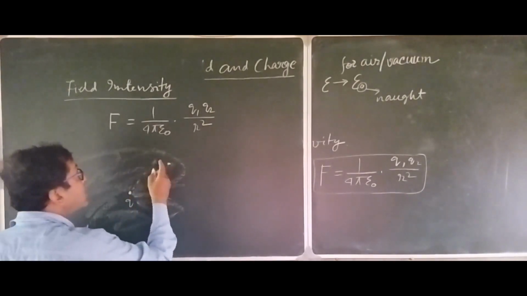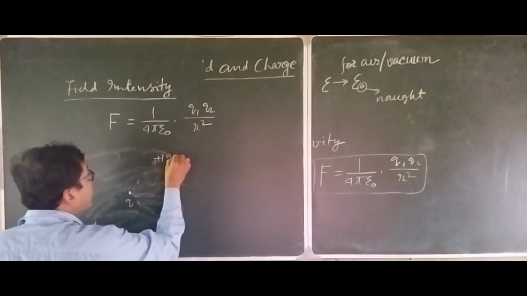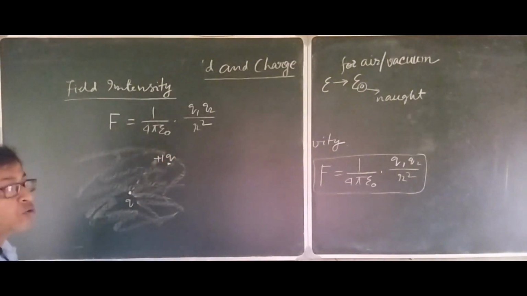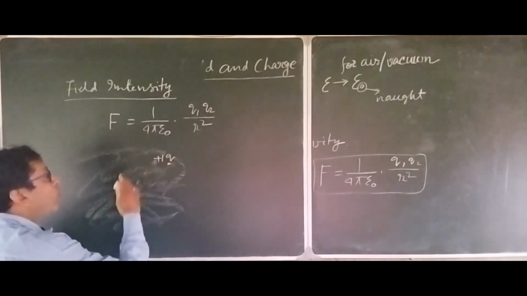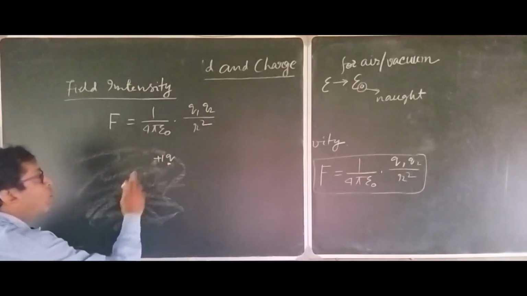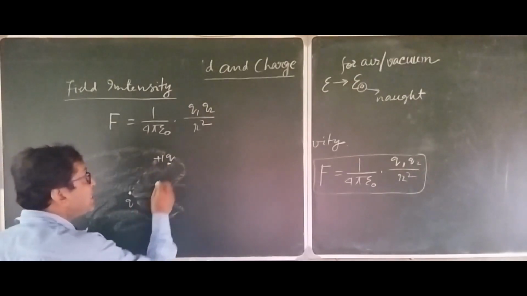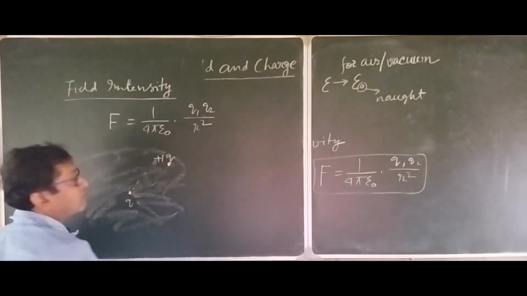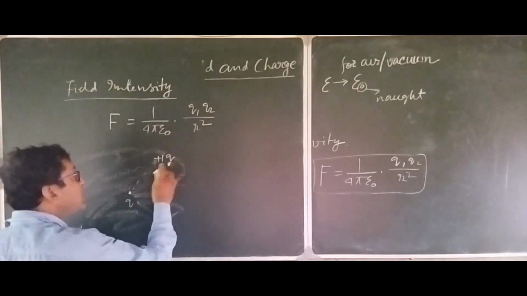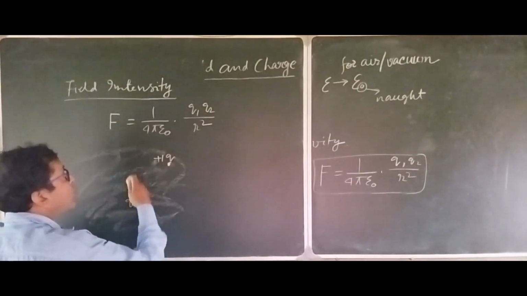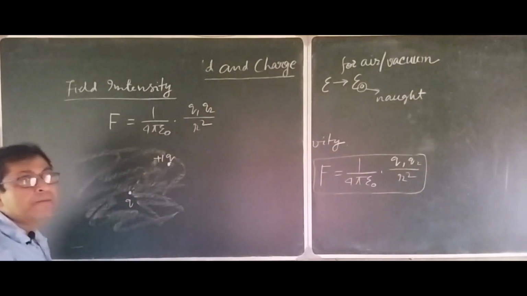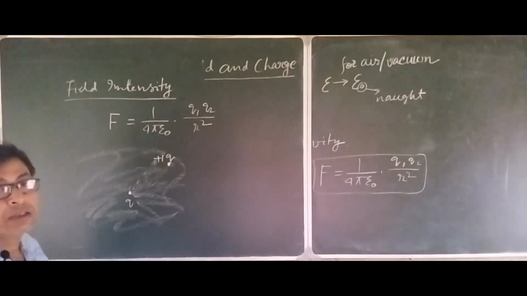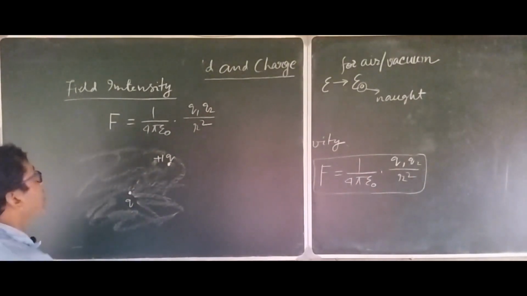If this new charge is 1 coulomb by amount, then the amount of force felt by this charge is called the field intensity at this location. If the location changes, if the distance decreases or increases, accordingly the force of attraction or repulsion will change.